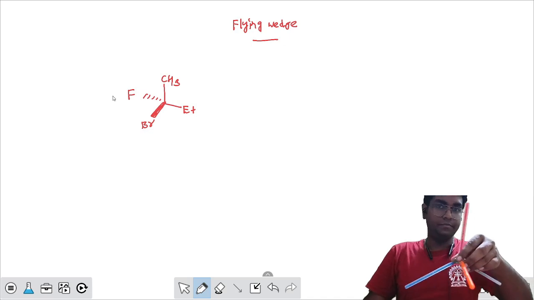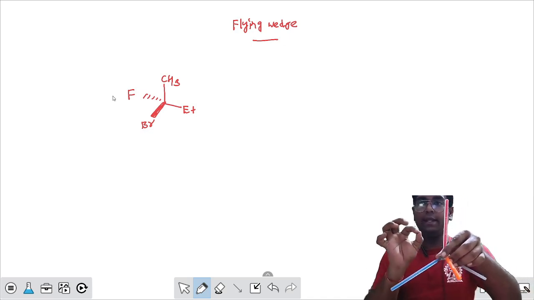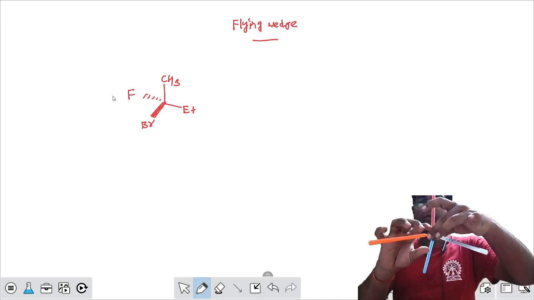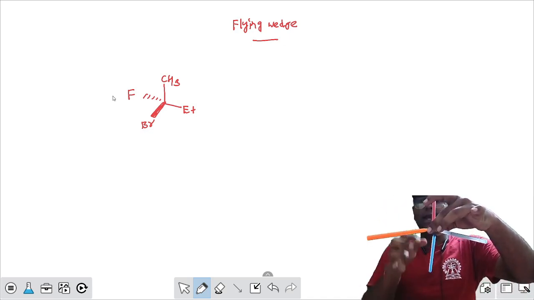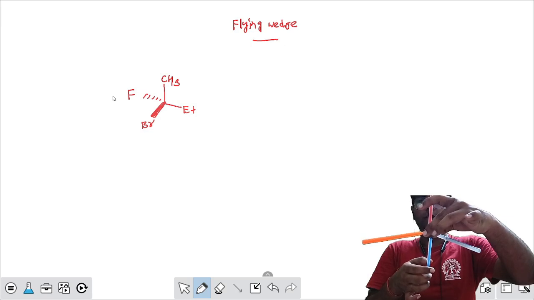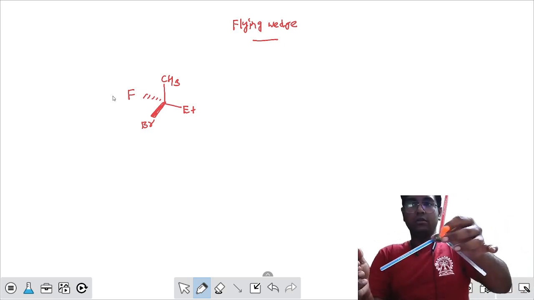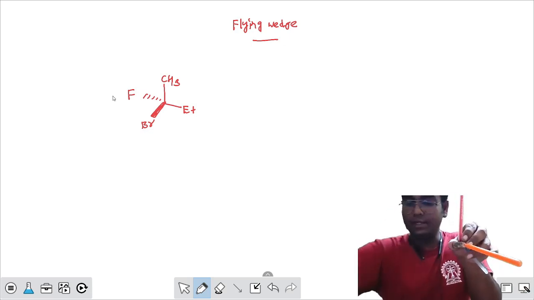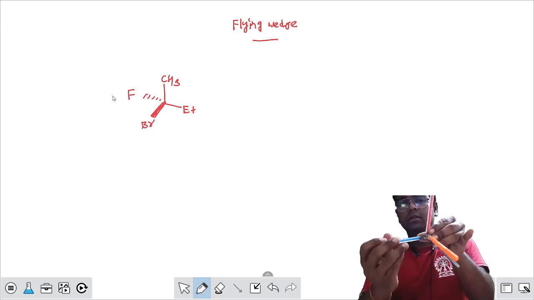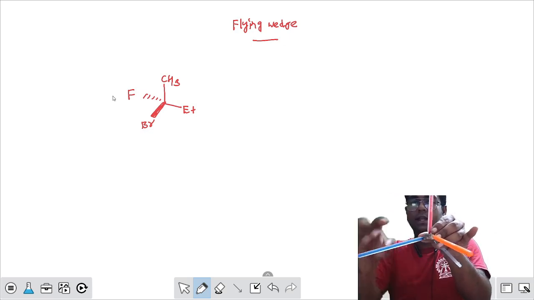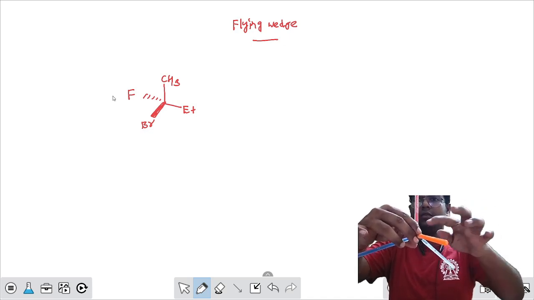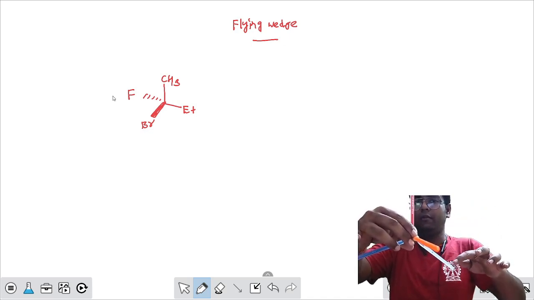What will you see? So CH3 and Et will be on the plane. Now this molecule looks something like this one, right? CH3, ethyl. So this bond is CH3 and ethyl are on the plane. Fine. This is Br towards you. This is F away from you.